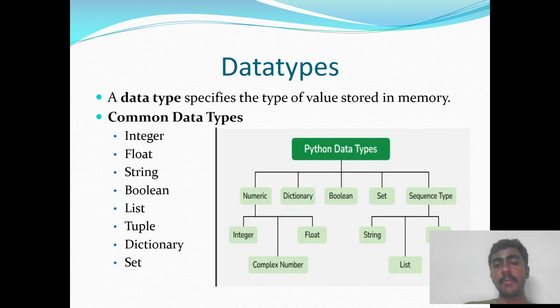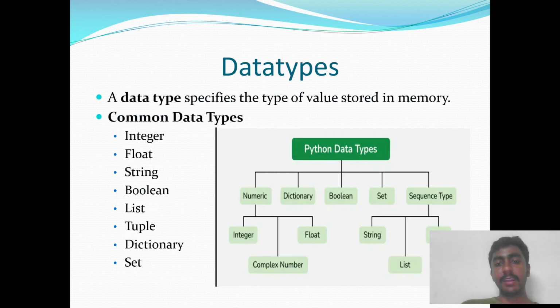So here are some common data types in Python. Based on this PPT, Python provides several commonly used data types like integer, float, string, boolean, list, tuple, dictionary, and set. Let's understand each one briefly. Integer. An integer is a whole number. It does not contain any decimal point.